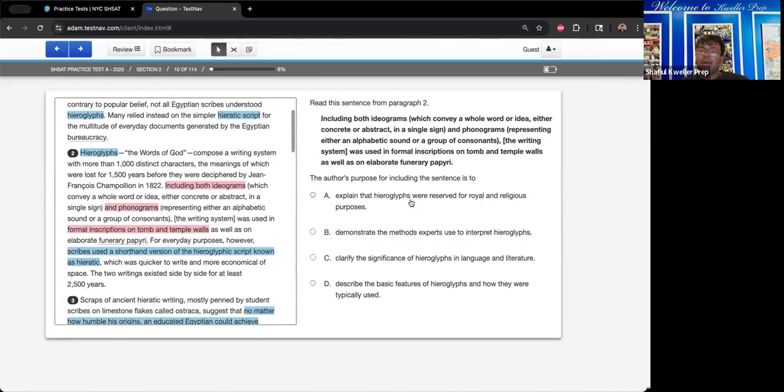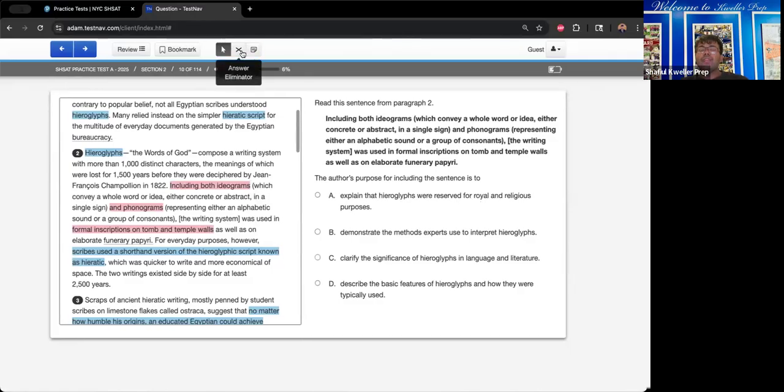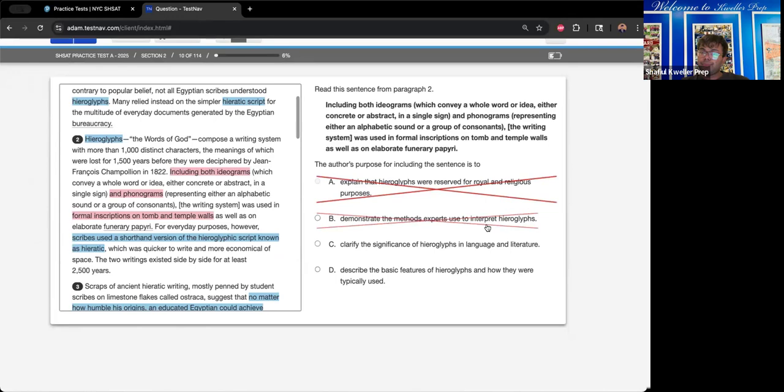So let's go through each one. Explain how hieroglyphs were reserved. There's nothing here that tells me they were reserved for this one purpose. So rule that out. Demonstrate the methods experts use to interpret them. These are not methods that they use to interpret them. These are just things that make up the language. The language had ideograms and phonograms. Clarify the significance of hieroglyphs in language and literature.